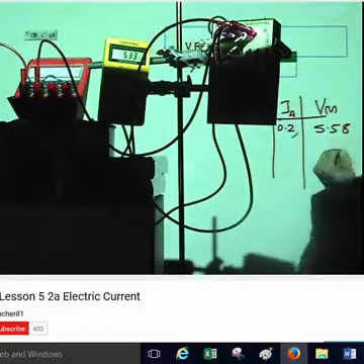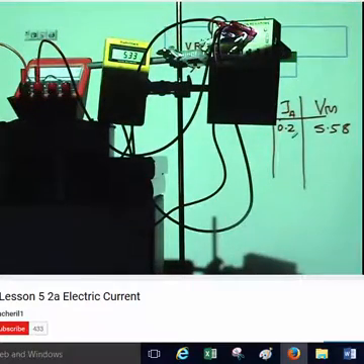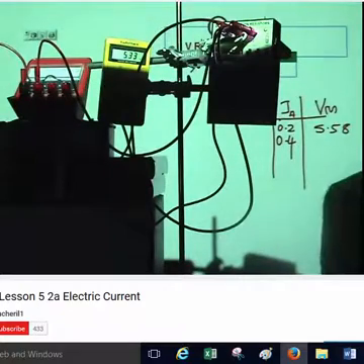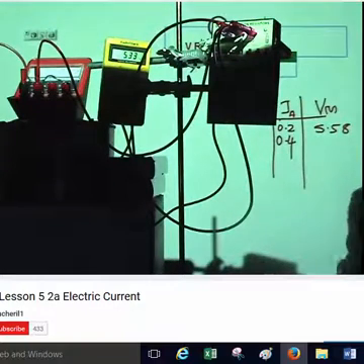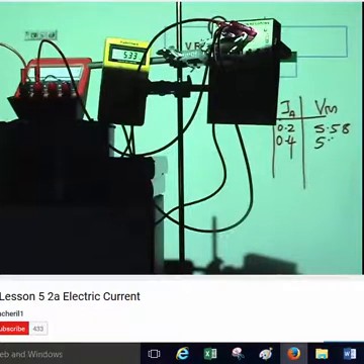The current is now 0.4 ampere. What does the voltmeter read? You are supposed to read the voltmeter. The voltmeter reads 5.33. All right?